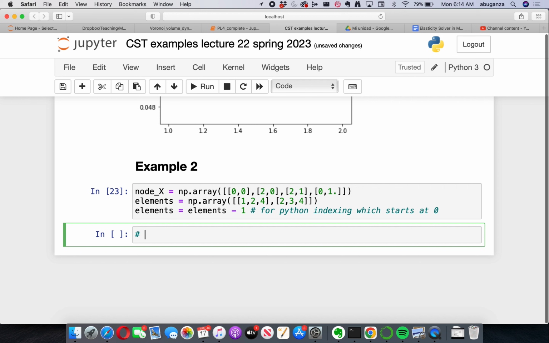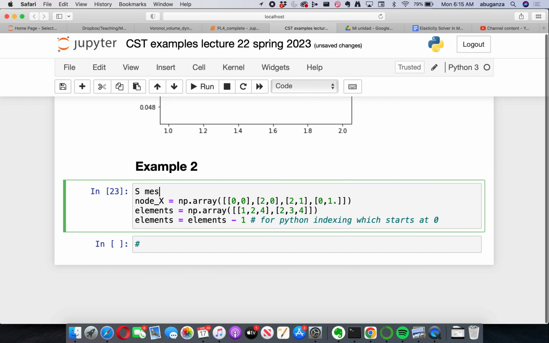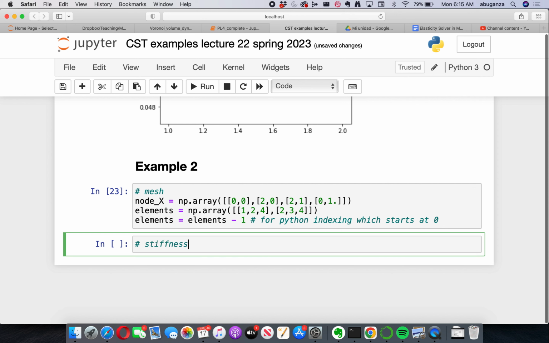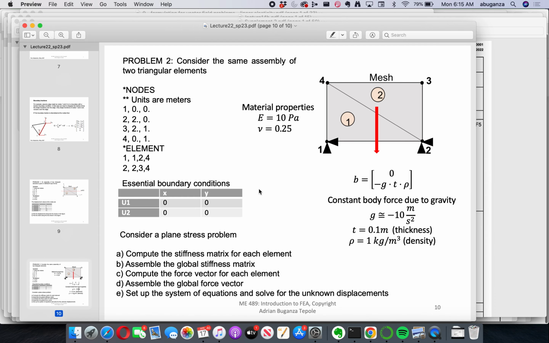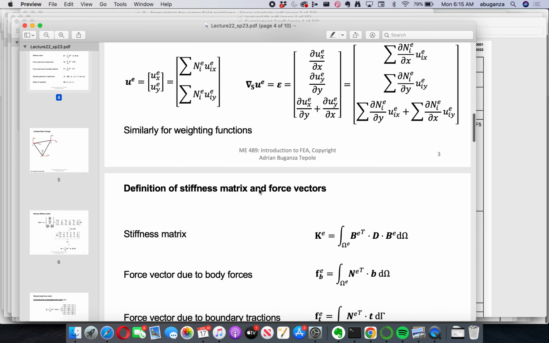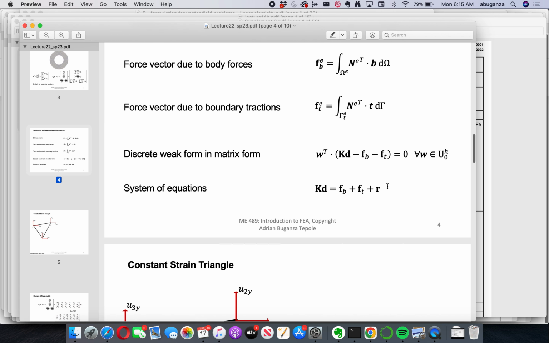So I have the mesh, right? And I need to get the stiffness matrix for element 1. For the stiffness matrix of the triangular element, it's the integral of B matrix times D times B matrix.